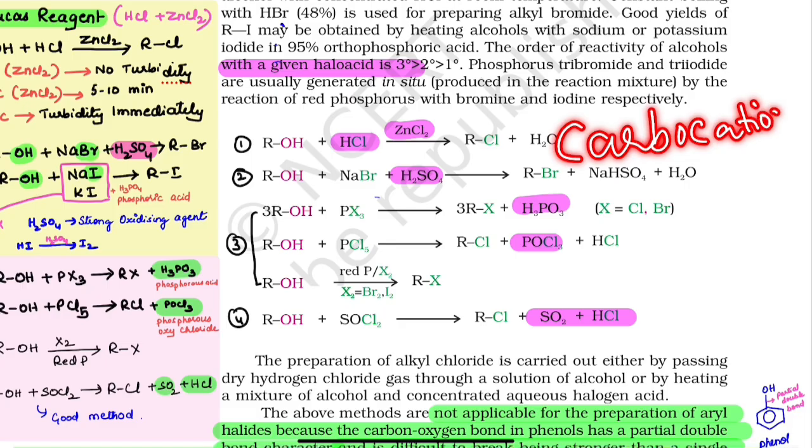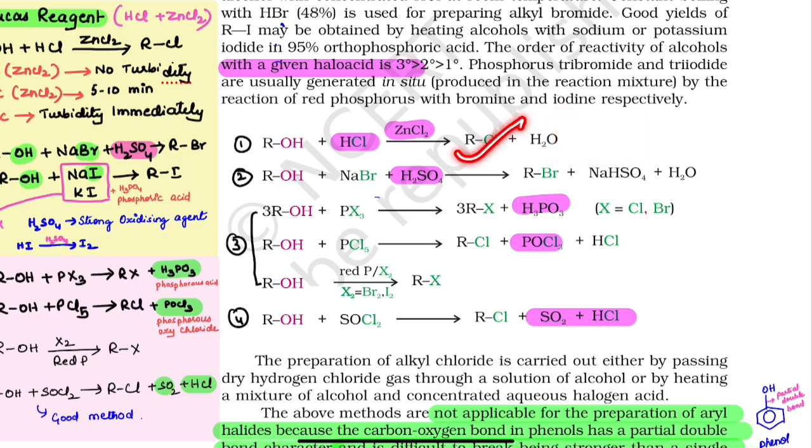So students, remember, wherever a carbocation is formed, you have to check for rearrangement, because a stable carbocation is preferred. That is why for the first and second reactions, whenever a carbocation is formed, check for the possibility of rearrangement. If rearrangement is possible, do the rearrangement and then attach the halogen to that carbon atom, because they proceed through the SN1 mechanism.